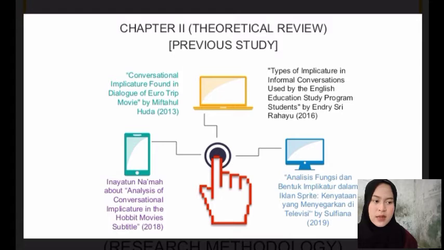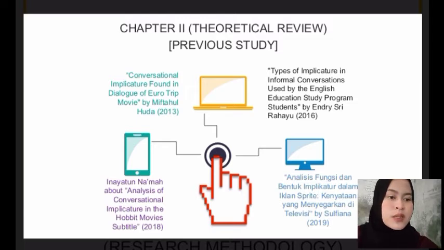And then the last is Analisis Fungsi dan Bentuk Implikatur dalam Iklan Sprite Kenyataan yang Menyegarkan di Televisi by Sulfiana in 2019. So he focuses on analyzing the implicature in the advertisement. That also makes a difference from my research. So I have a different subject and different time while doing this research also.